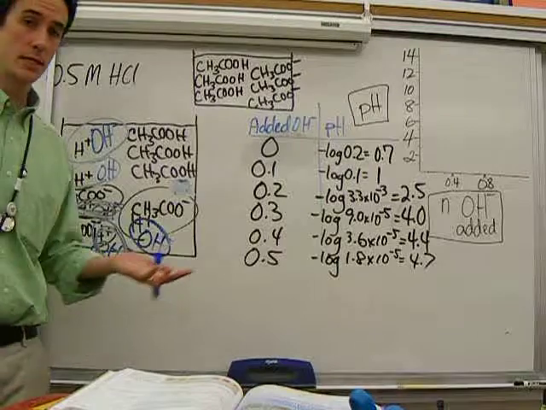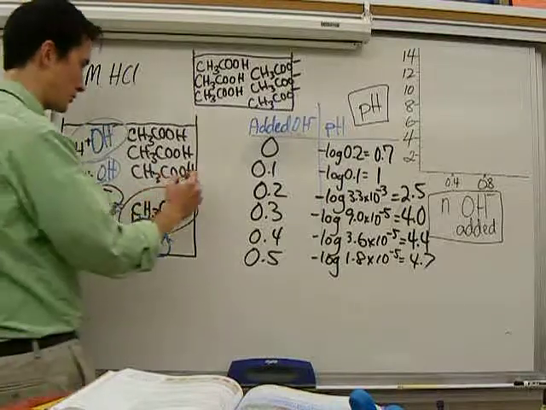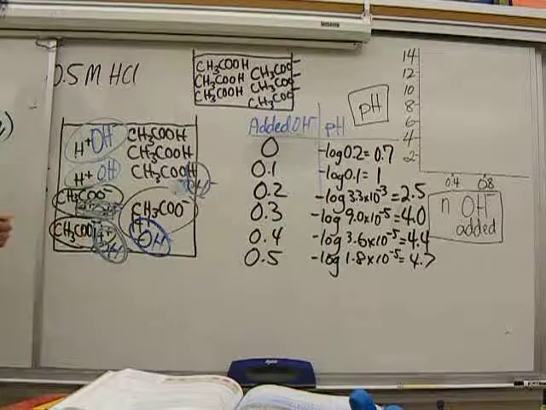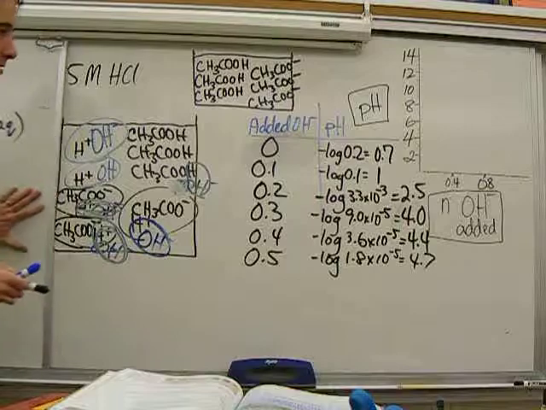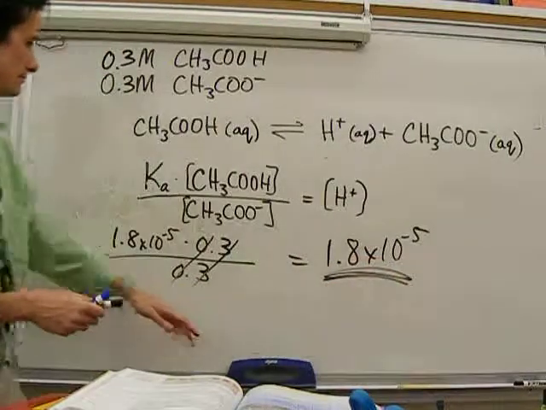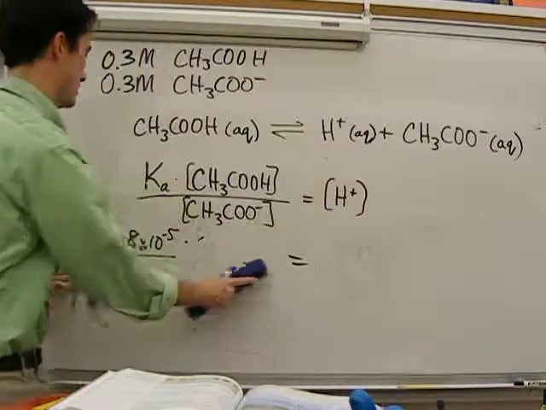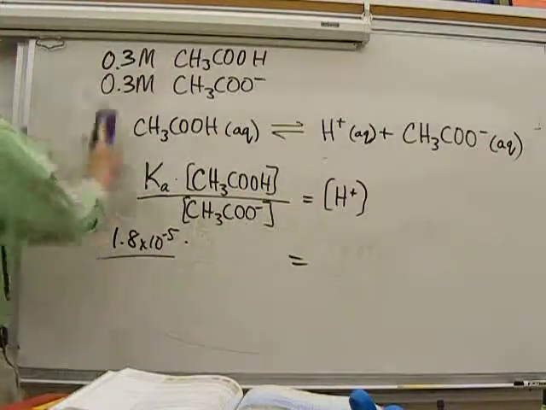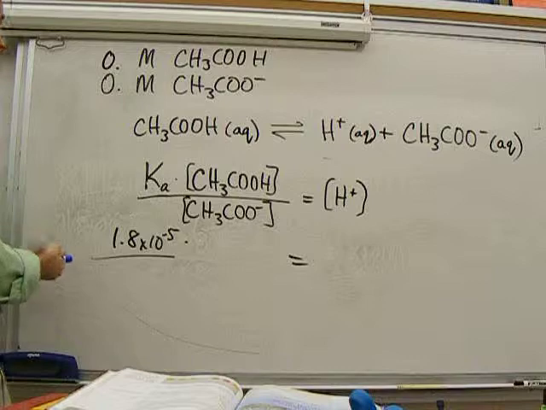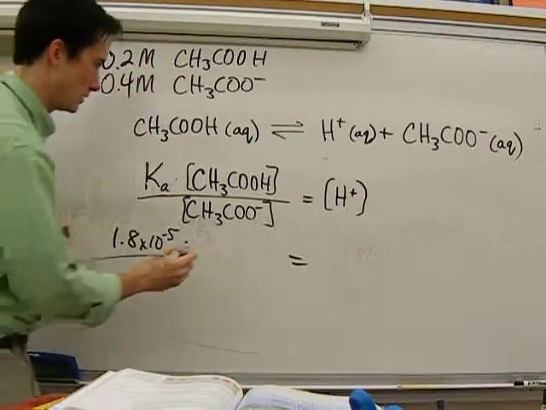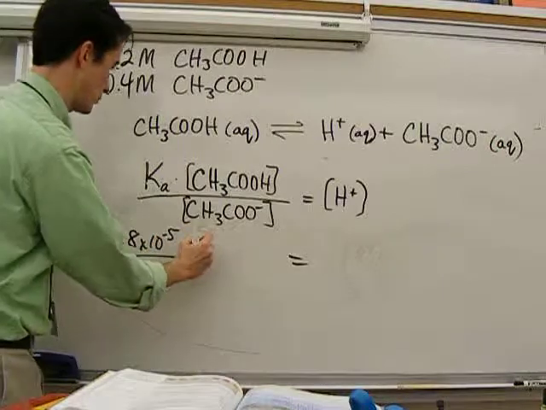Let's keep going. See if we add more hydroxide over here. Now it's going to take that proton off, so we're going to be left with even more acetate and even less acetic acid. Changes. Alrighty. What was this? This is 0.4. 0.2.